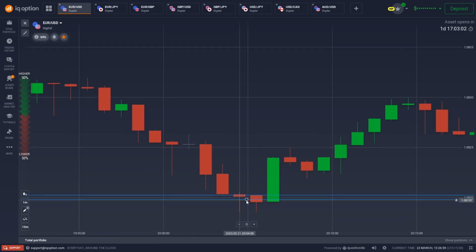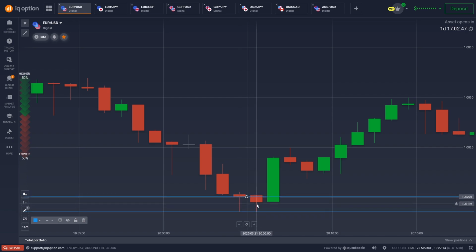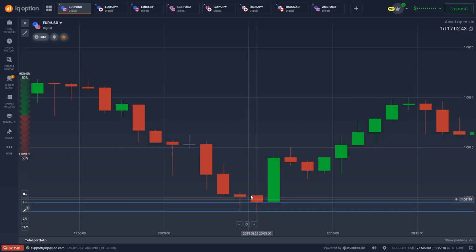So what will you do? You will use the wick, because this candle broke the zone and closed inside, which means you have to update this zone. Now this is our updated zone. The next candle also gave rejection from the same level, and the body is here. So now you have to update. So this is your newly updated support zone.